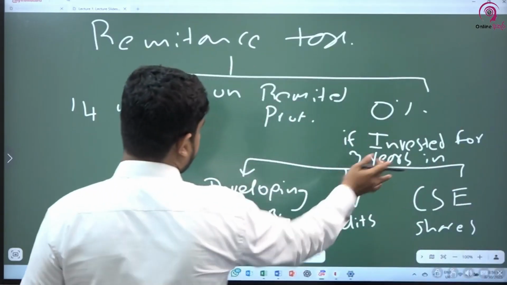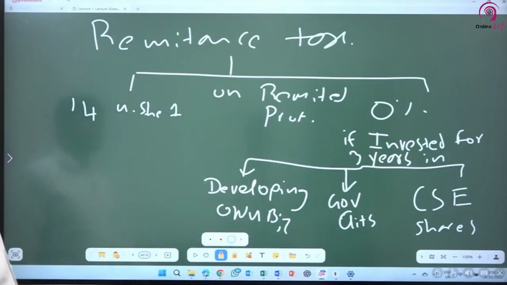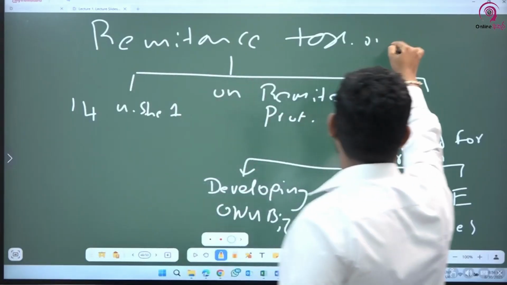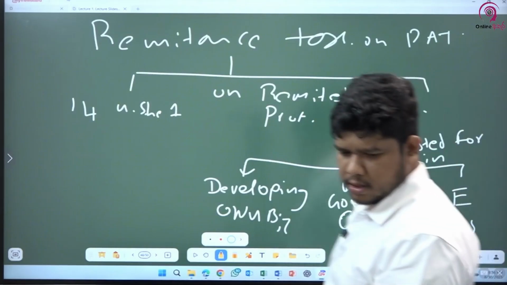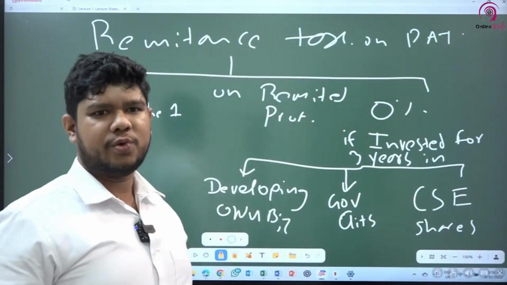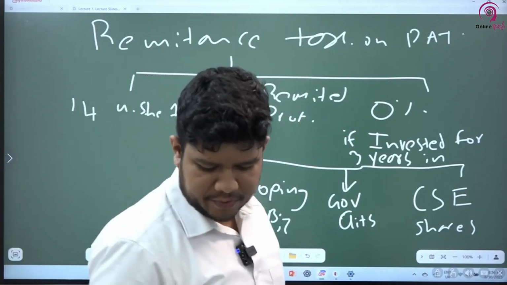If you invest for 3 years, this is remittance tax on profit after tax, right? So see, just one question, how many sections are we discussing.